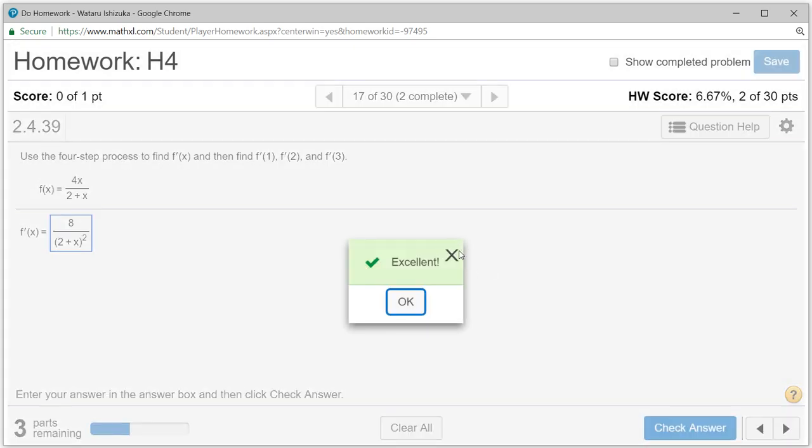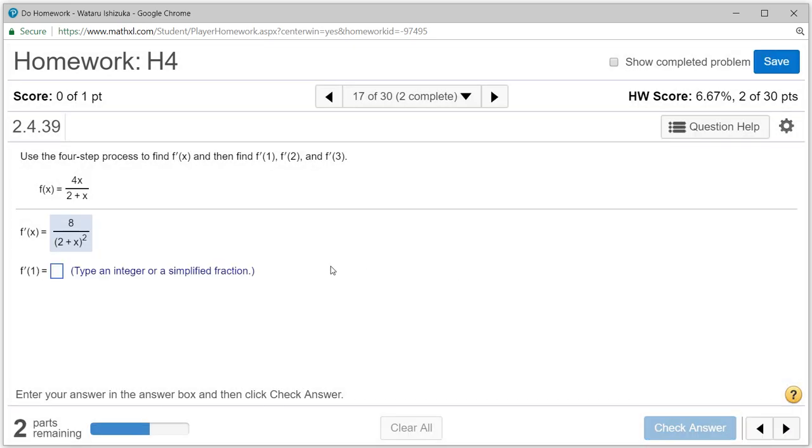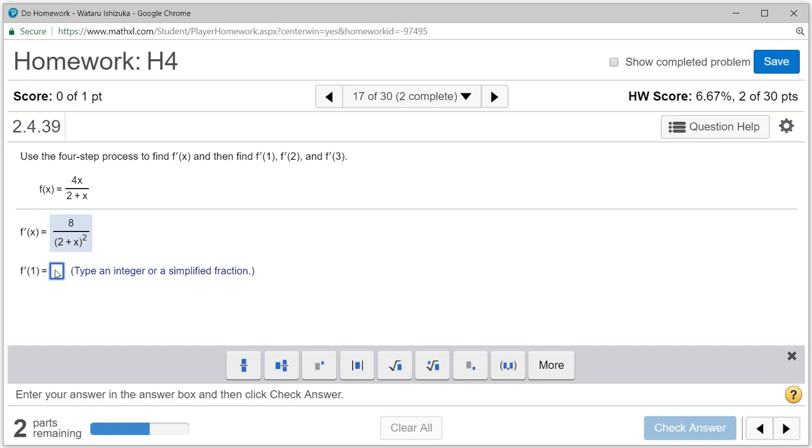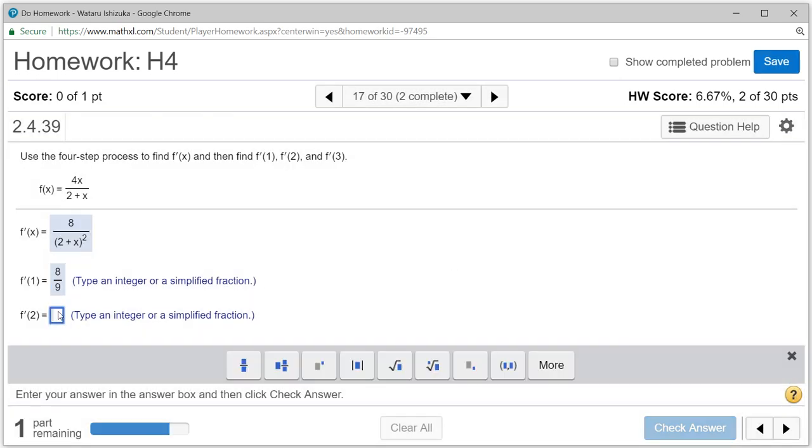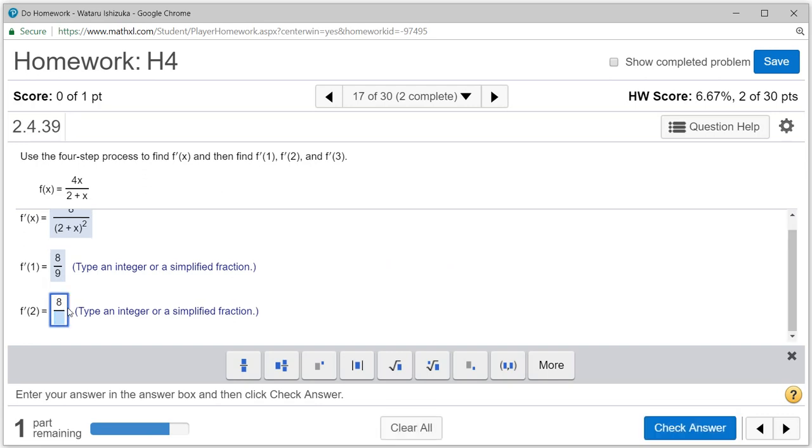Let's check the answer. We got that. If you want to find f prime of 1, you just plug in 1 here, so it's going to be 8 over 9. Let's check the answer. We got that. For f prime of 2, you get 8 over 2 plus 2, which is 4 squared, so 16, but that's the same thing as 1/2.